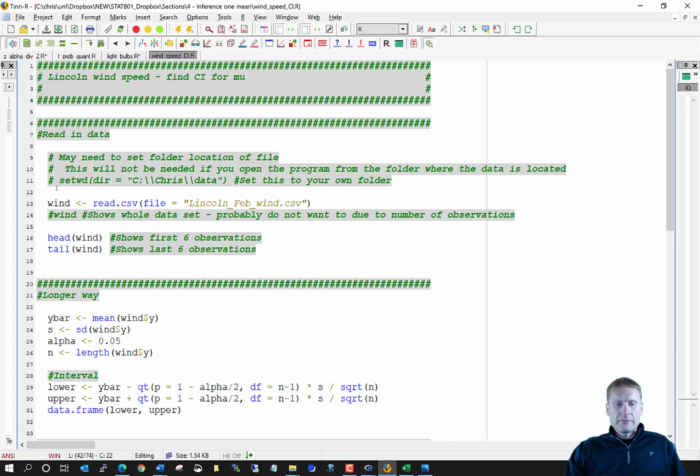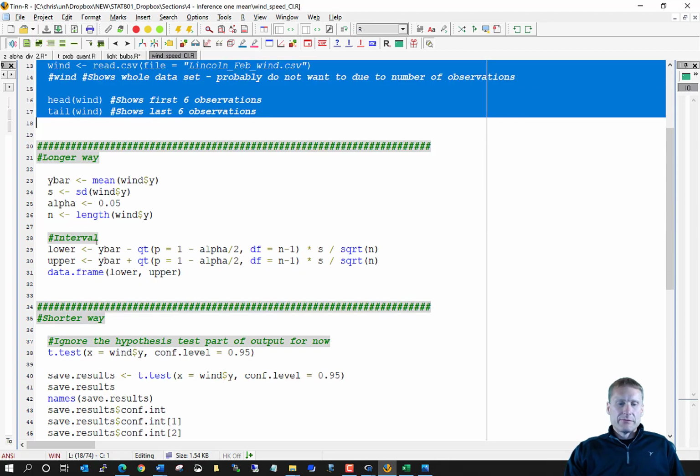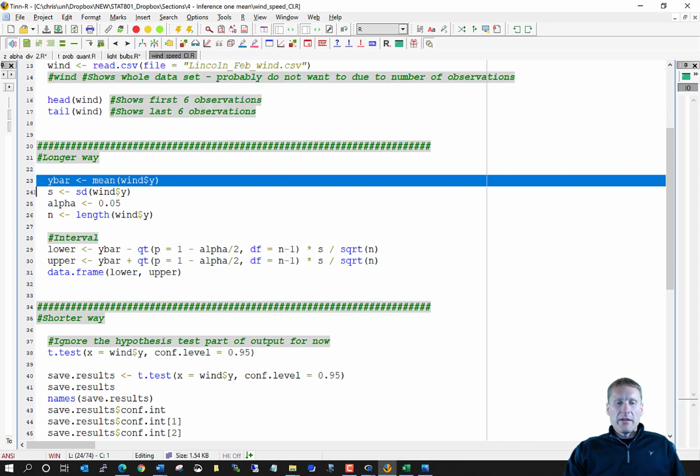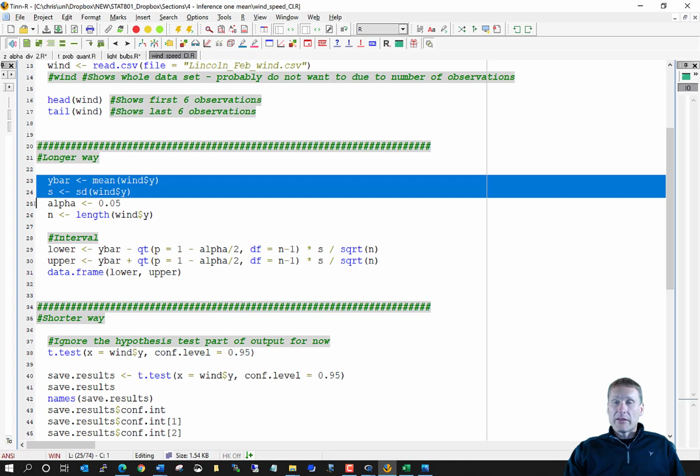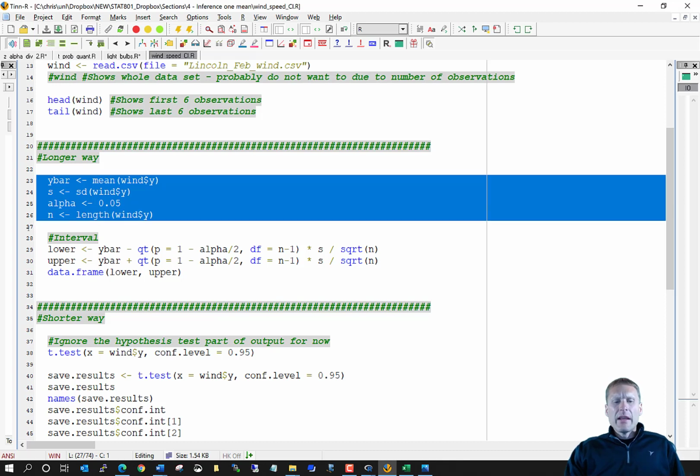Okay. So you need to read your data into R and check to make sure it looks okay. And let's actually find the interval. I'm going to use the mean function to find the sample mean, the SD function to find the standard deviation, state alpha, let's say I want a 95% interval, and find my sample size by looking at the length of all my wind speeds.